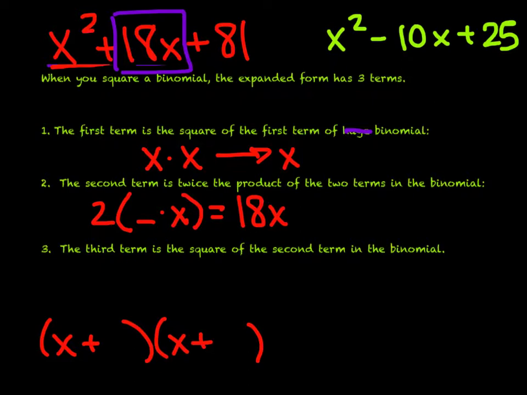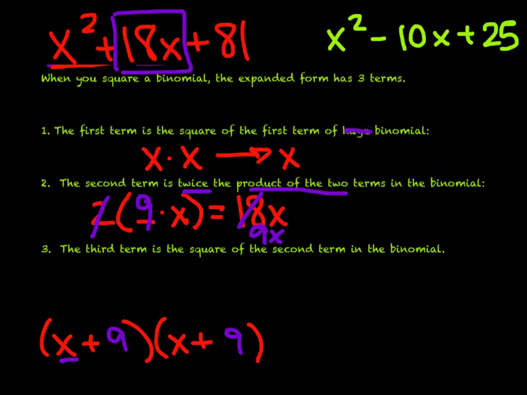So if I divide by 2, I get 9x is equal to whatever this number times x is. So 9 is our missing number. We had the initial term being x, and our other term is 9, so we can add 9 into this.